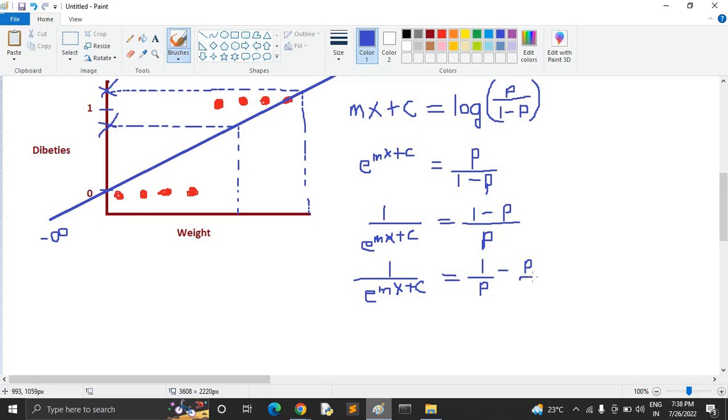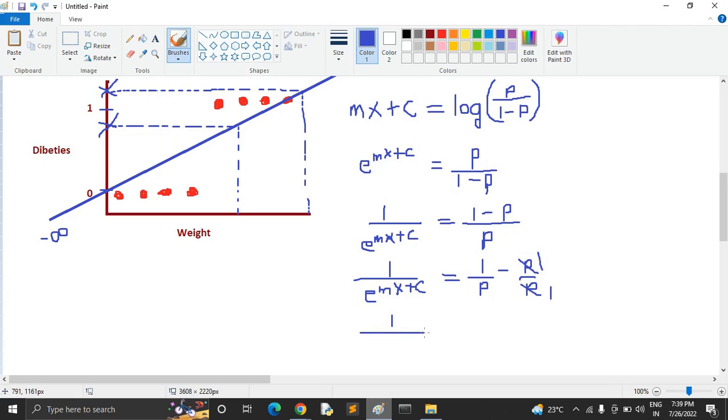I'm splitting the numerator over the denominator, because in mathematics when the denominator is same, you can write it once. We are using the converse of it. We are splitting it because the denominator is same for both, and p by p is 1.